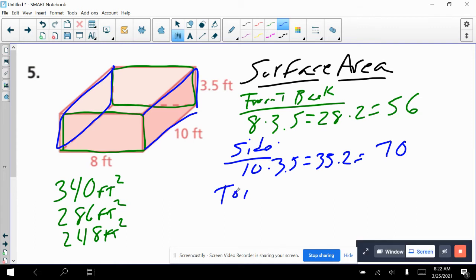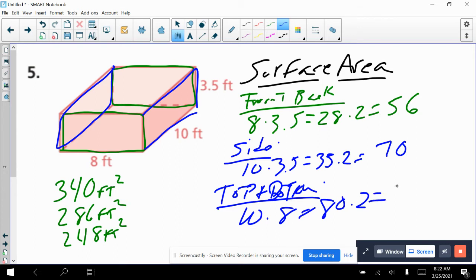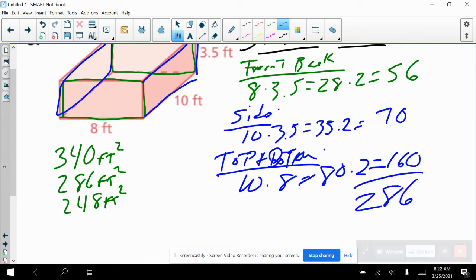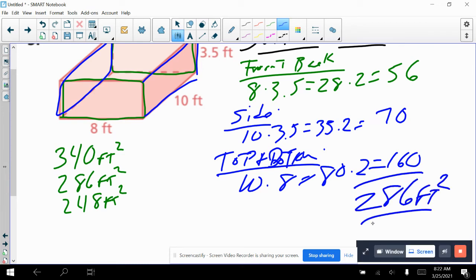And now we got to do the top and the bottom, right? And that is going to be 10 times 8, which is going to give us 80, which is going to give us 160. And when you add them all together, you get 286 feet squared.